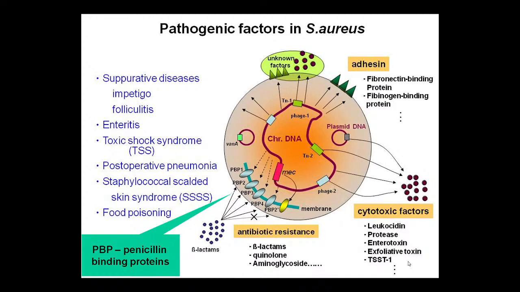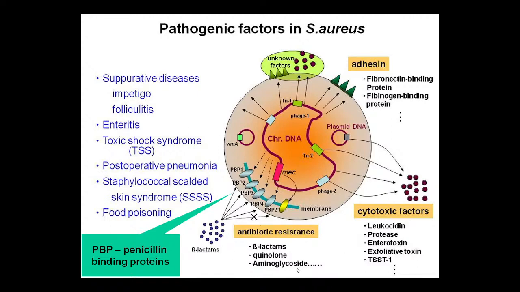Among those factors governed by the extra chromosomal genetic elements could be the leukocidin, the enzyme that causes death of the leukocytes, many proteases, enterotoxin that may cause food poisoning, exfoliative toxin, and toxic shock syndrome toxin that cause toxin-mediated diseases. So they are from these genetic elements.